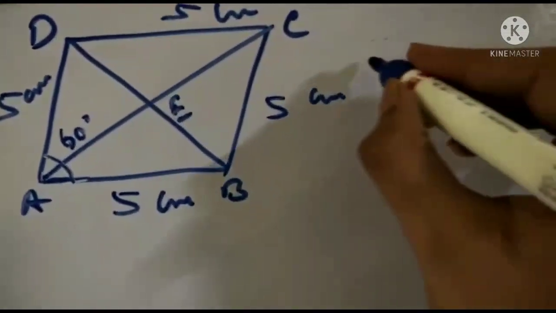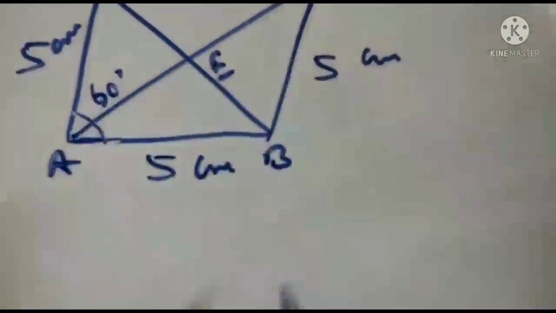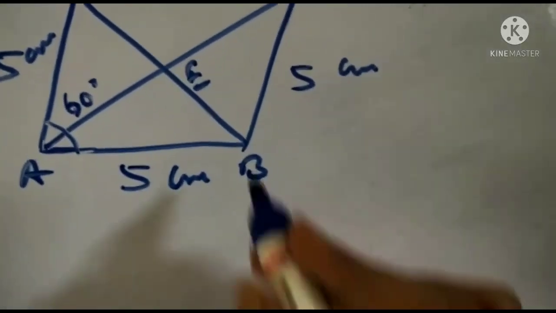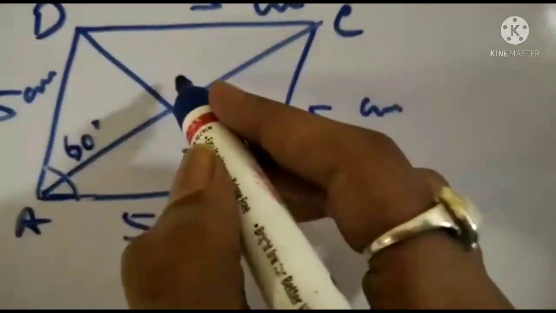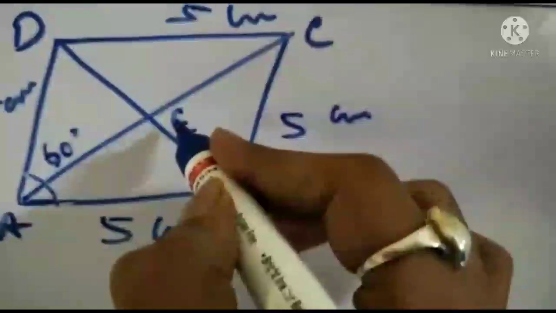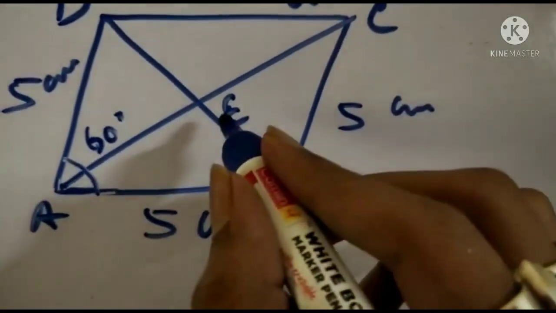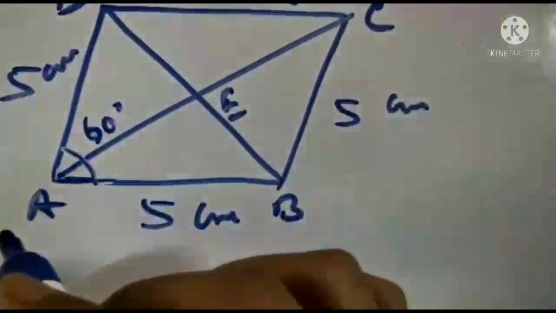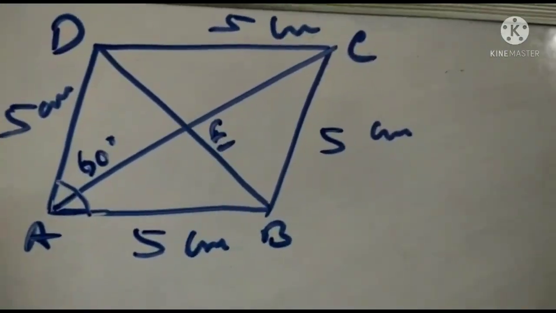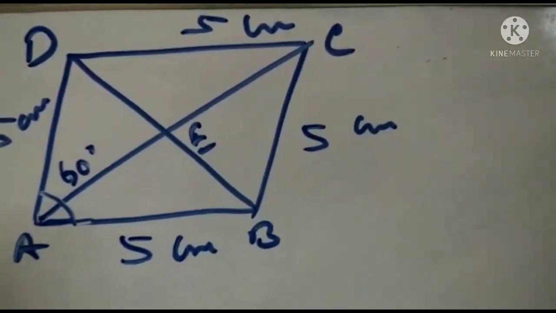From this triangle AEB, we can find BE and AE. If we find BE, then BE will be equal to DE, and BE plus DE will be equal to BD. We have found one. Second, if we find AE, then AE will be equal to CE, so AE plus CE will be equal to AC. That means our main work at first is to find BE and AE respectively. How to find? Let's see.